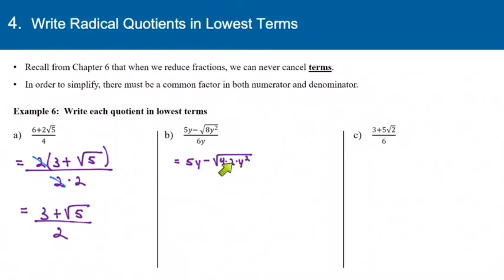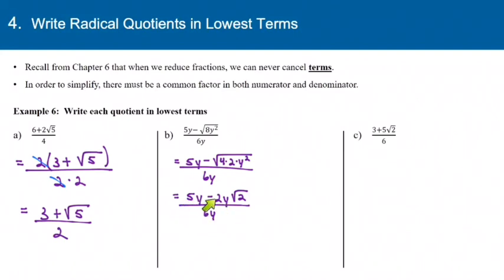And when we simplify this radical, in the top we will have 5y minus 2y, and this 2 will stay under the radical. So the square root of 4 is this 2, the square root of y squared is this y, and this 2 stays under the radical. And then in the denominator, of course, nothing has changed.